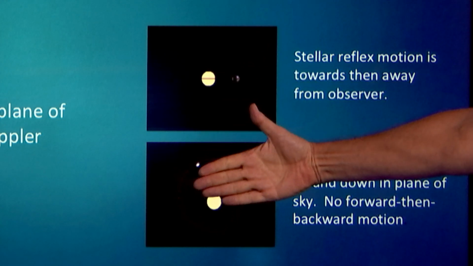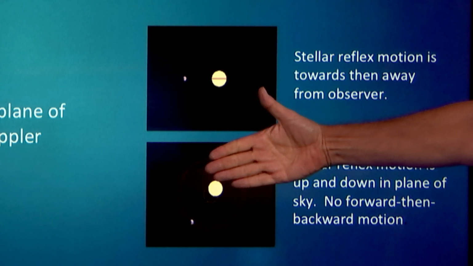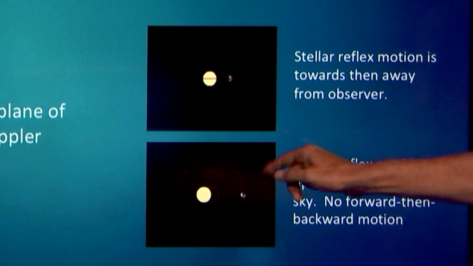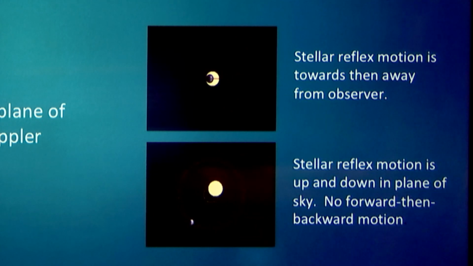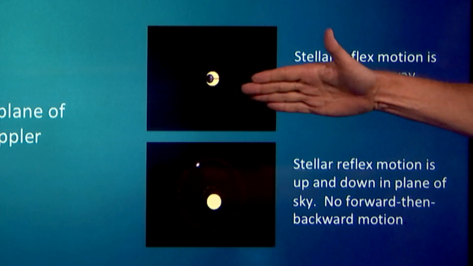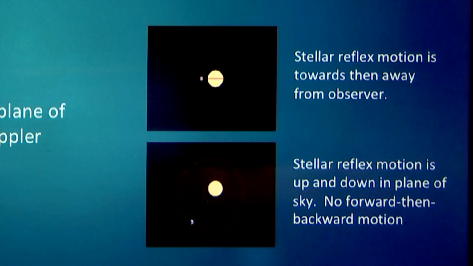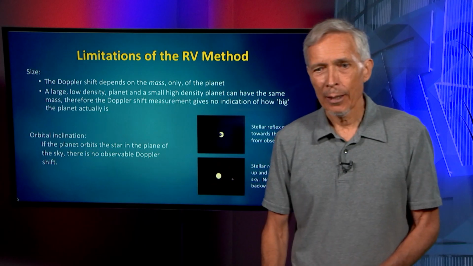Whereas if it's transverse to the line of sight, 90 degrees, you see zero effect, even though this orbit is clearly happening and the star is clearly being tugged in its orbit. Now, on average, you'll be at some intermediate inclination and see some fraction of the full radial velocity effect.